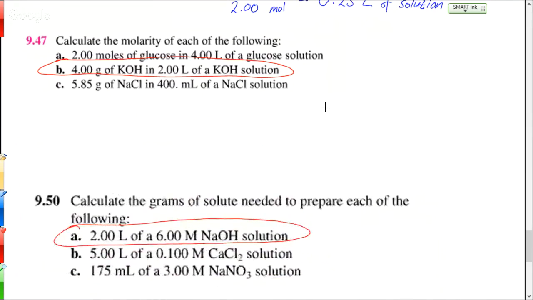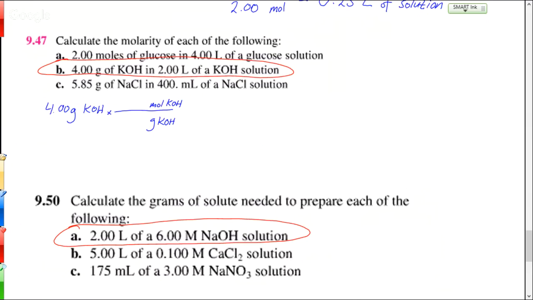All right. So this first one is the same type of problem that we did earlier. So you need to convert the grams to moles and then divide by the volume of the solution. 4 grams of KOH, and when we want to go from grams of KOH to moles of KOH, we do that by looking at the periodic table and adding up the masses.